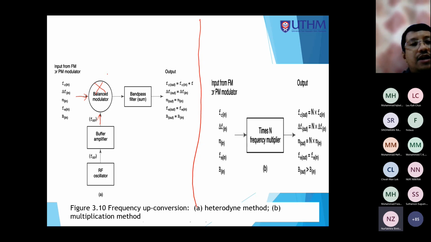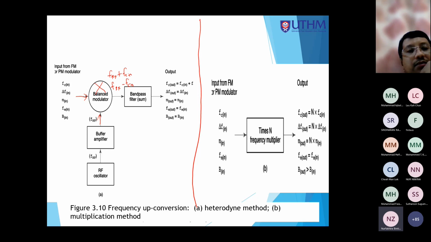The output of the balance modulator would be FRF plus FC in, and it will also produce FRF minus FC in. So the balance modulator produces two parts, upper and lower sidebands.